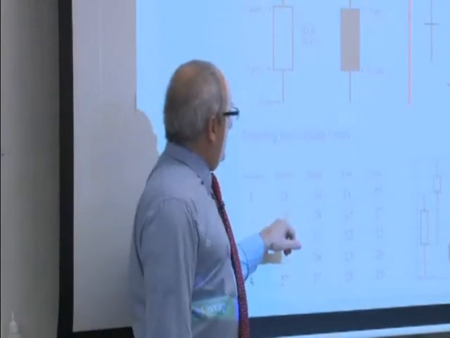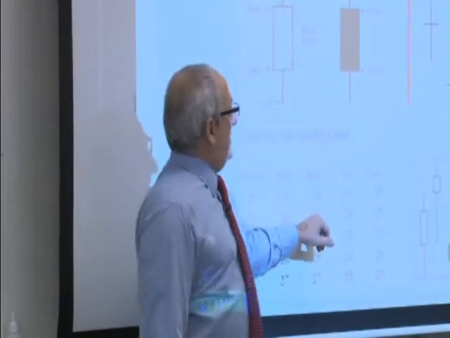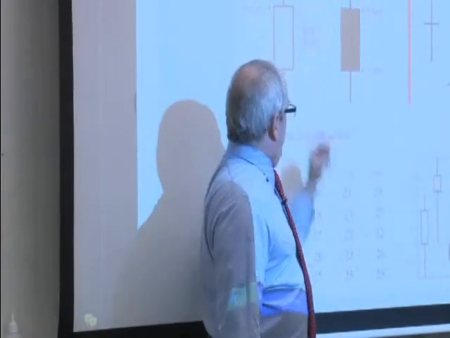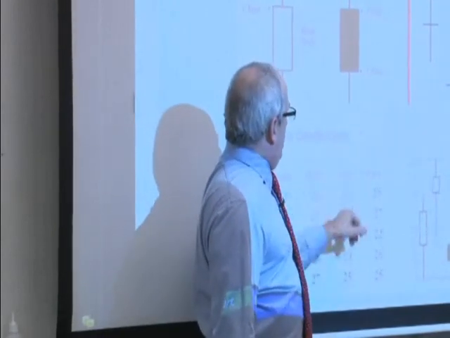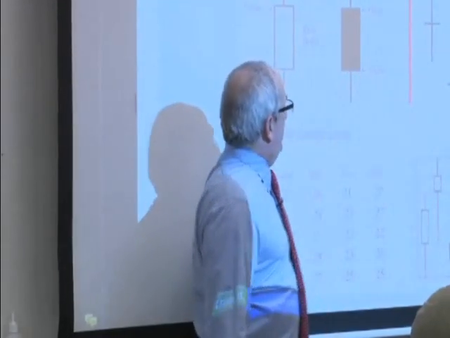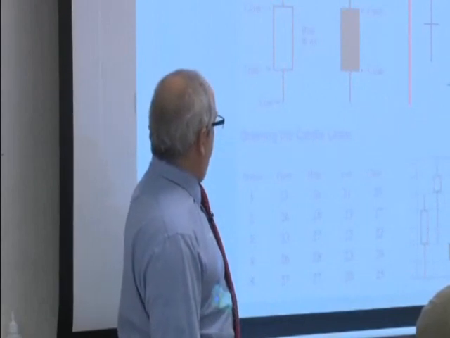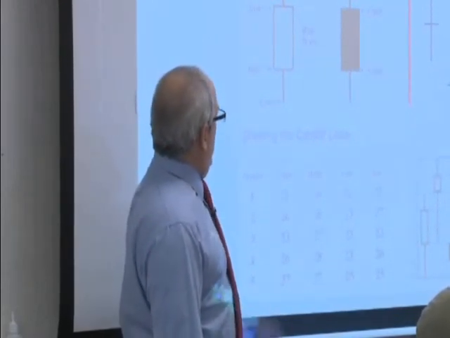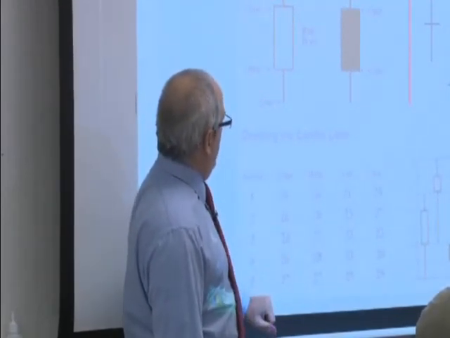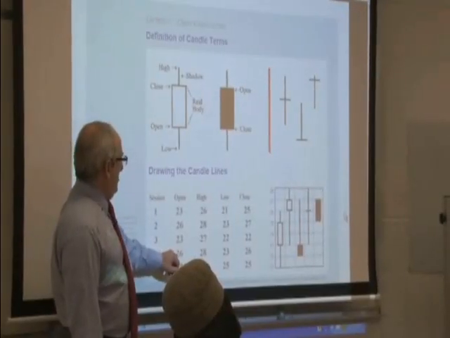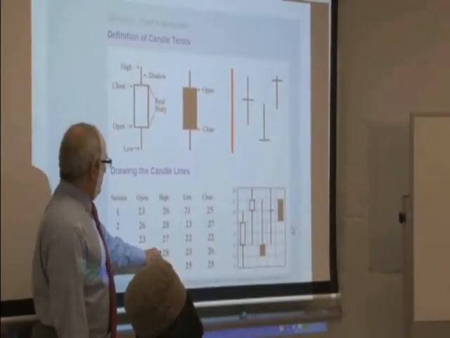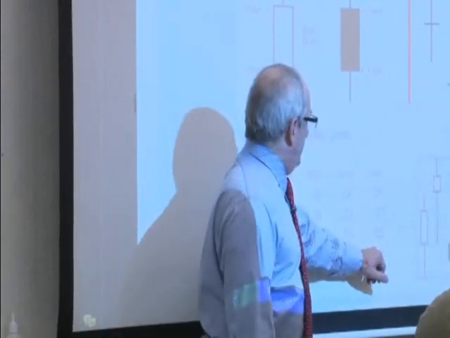So the second day you open at 26, trade up to 28, that's here. You trade as low as 23 and you close at 27. Now we get into some special cases. You open at 26, your high is 28, your low is 23, and you close at 26.